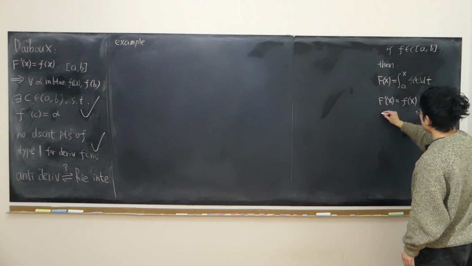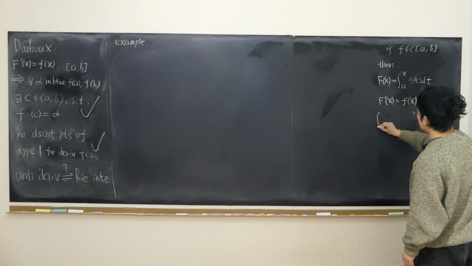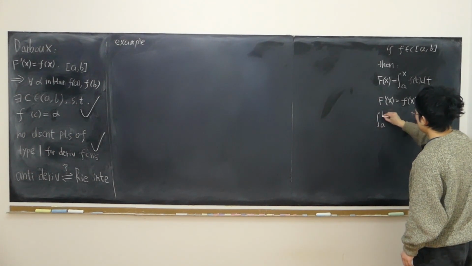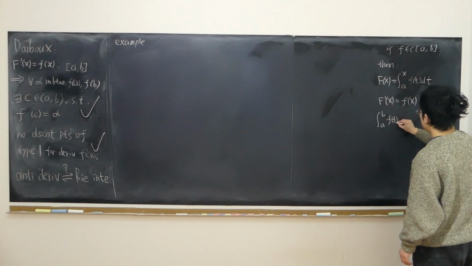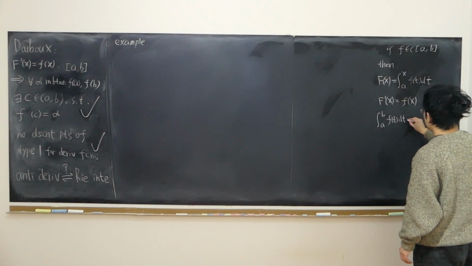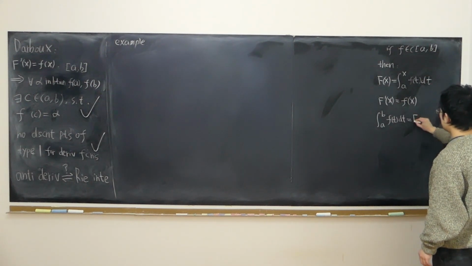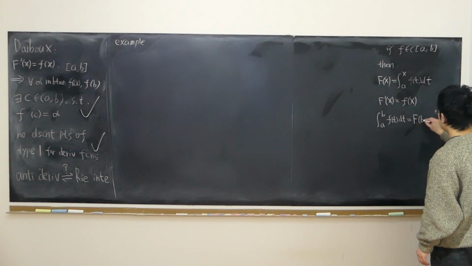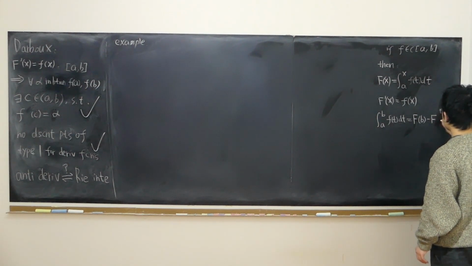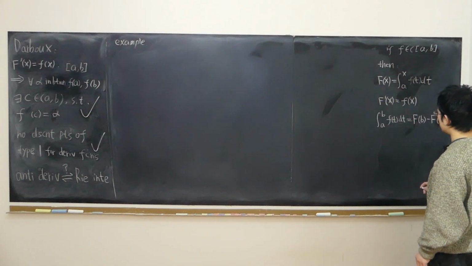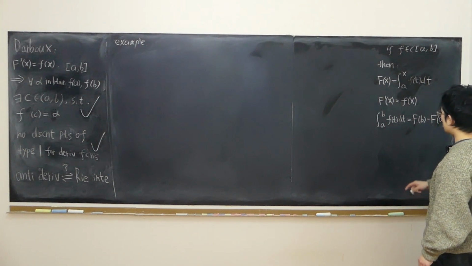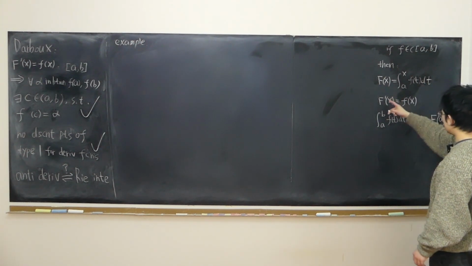And we can also conclude that the Riemann integral of little f from a to b can be given by capital F of b minus capital F of a. So we have the following link between our Riemann integral and our antiderivative.